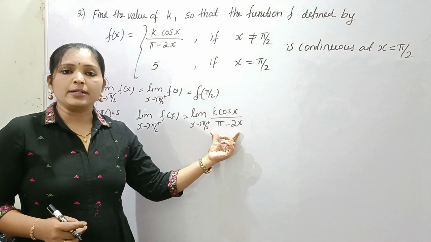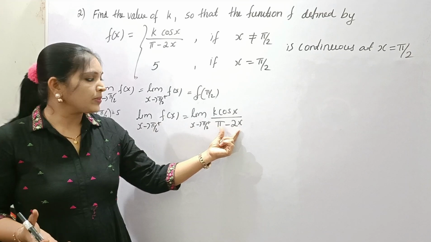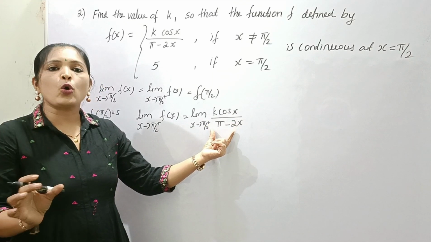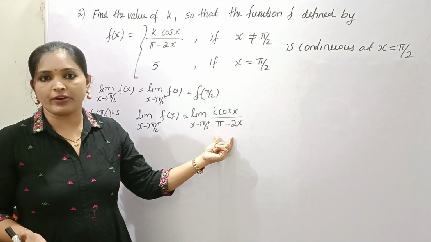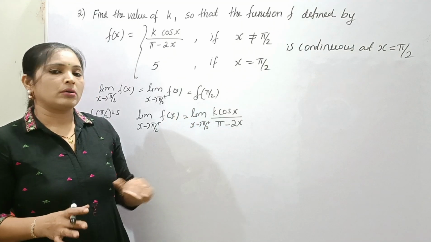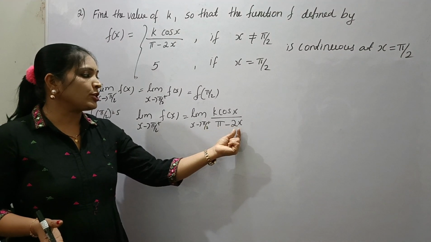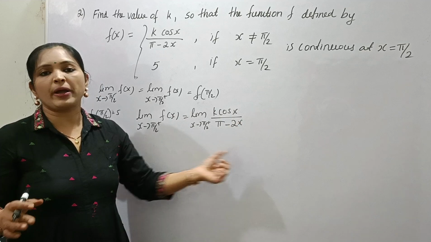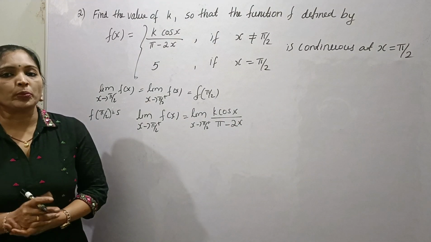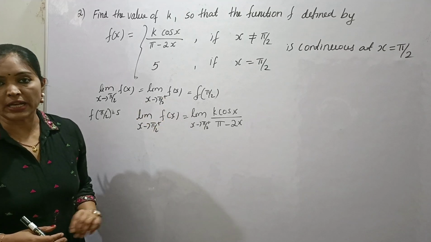Okay, but here substitute x is equal to pi by 2. What you will get? See, we will get 0 in denominator, that is undefined, right? It is not defined. So therefore, we have to apply some other method. Okay, see, if you put pi minus 2 into pi by 2, 2 cancelled, you will get pi minus pi, that is 0. So 0 in denominator. So here we have to apply some other method to find the limit.